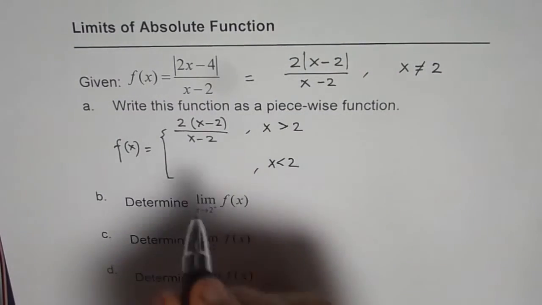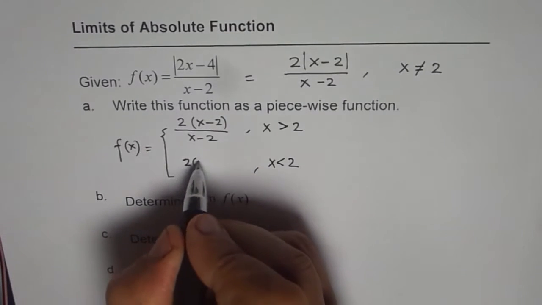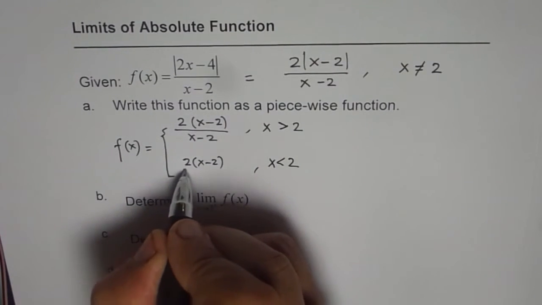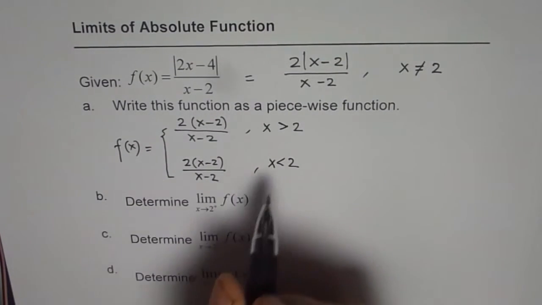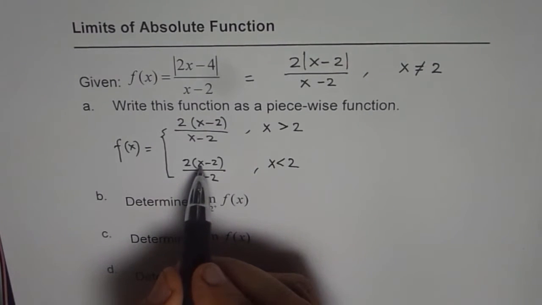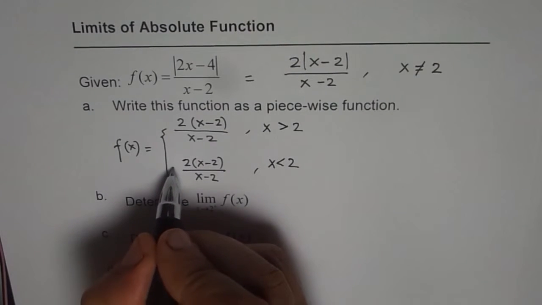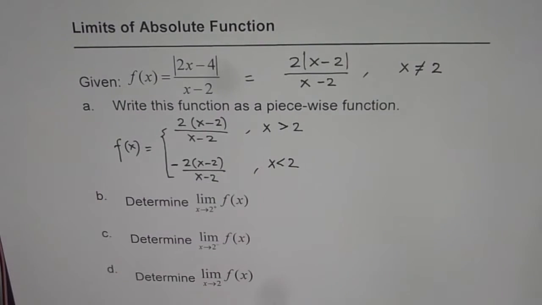X minus 2 will become negative, so I cannot write this as x minus 2 over x minus 2. If x is less than 2, the numerator inside the absolute value will become negative. But an absolute value should always be positive, and therefore we always take the negative of that. That is how we should write our absolute function as a piecewise function.